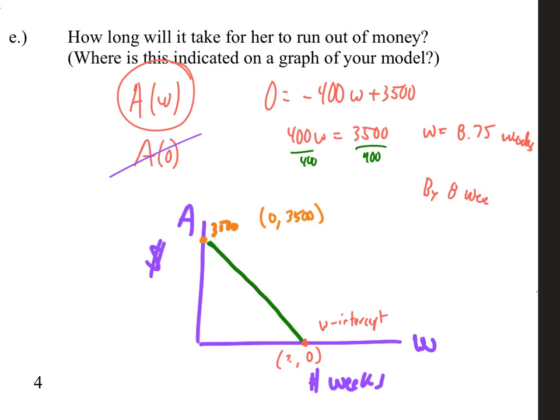So when it says round down to the nearest week, that's what it's talking about, that we can't round up in a situation like this because we're out of money before we can get to that next full week. So just make sure you're thinking about that when it says round down to the nearest week instead of just rounding like we normally would.